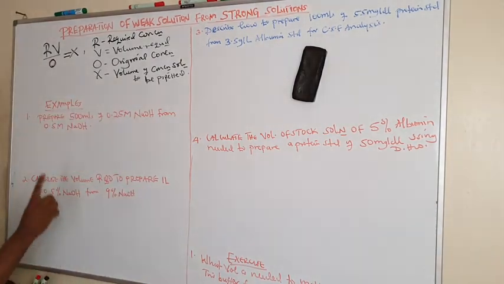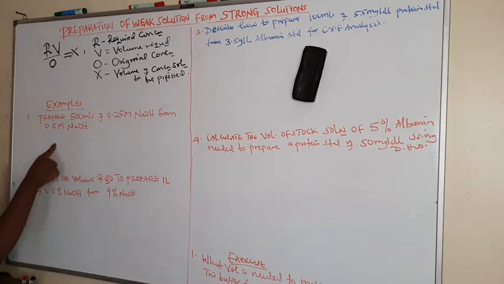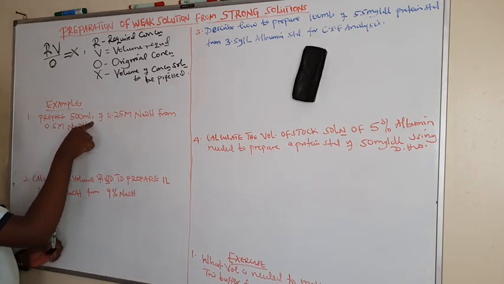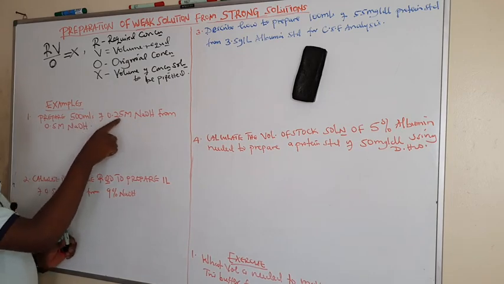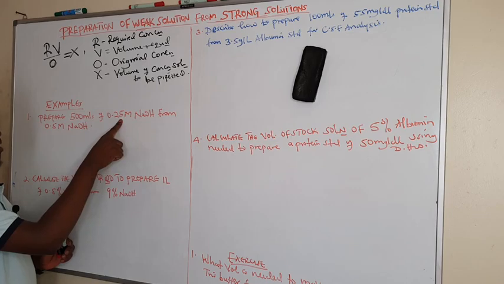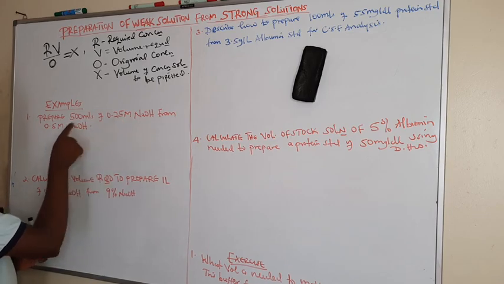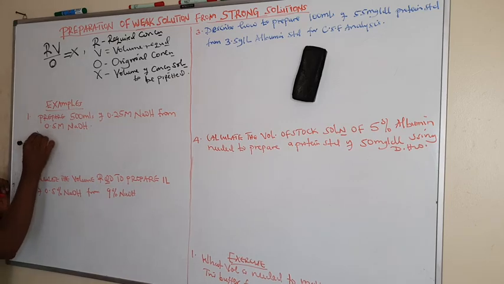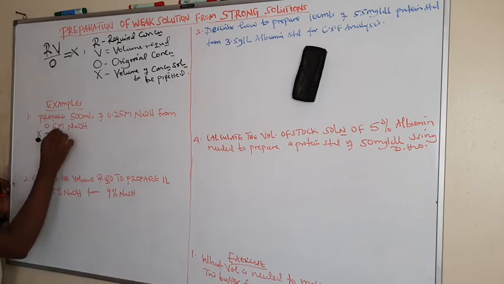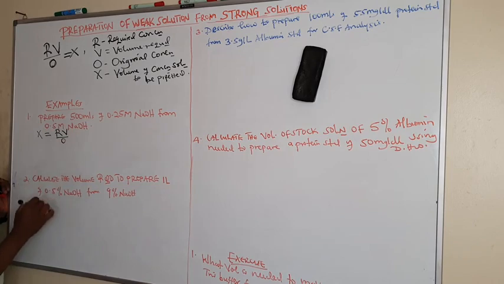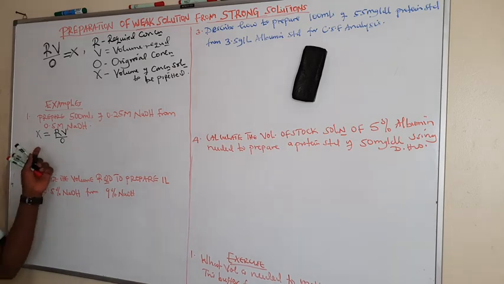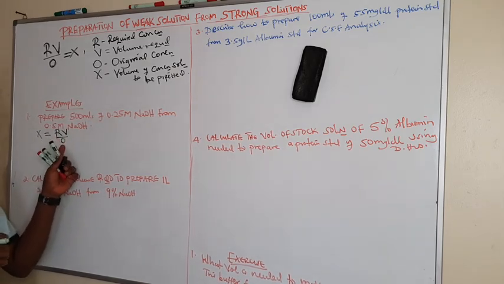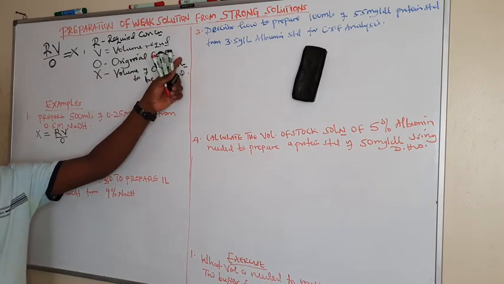Example number 1: we are required to prepare 500 ml of 0.25 molar solution from 0.5 molar sodium hydroxide. We begin this calculation by saying X is equal to RV over O. Then you define what R, X, V, and O mean, the way we have done it here.